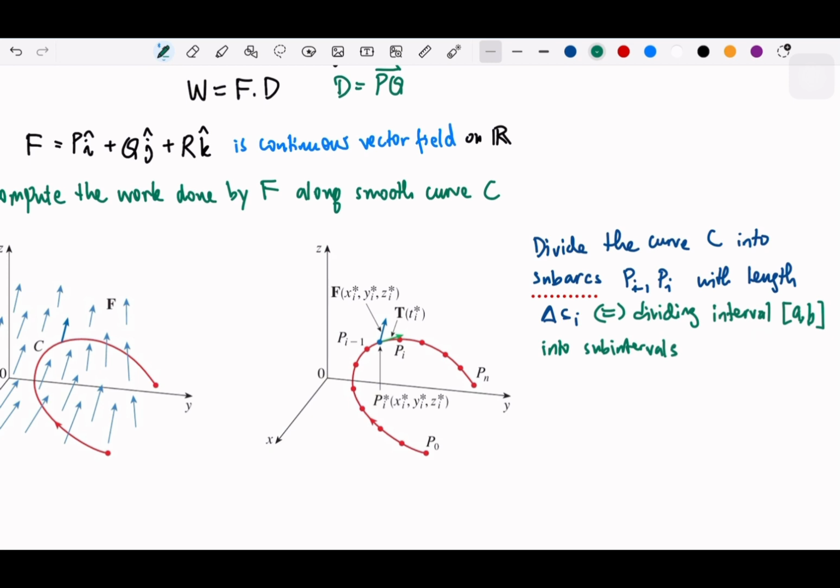And then we choose sample point P i asterisk, as mentioned in the picture, as our sample point, corresponding to sample parameter t i asterisk. Just a sample point, it can be anywhere along the curve. Okay?